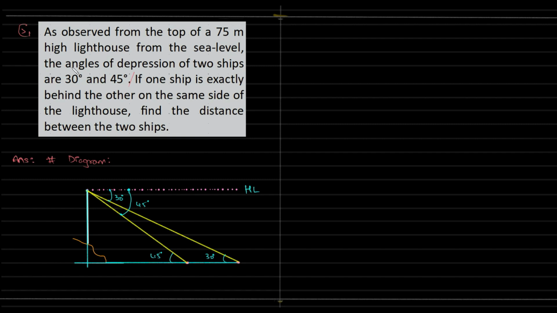Okay. Why did I do that? As observed from the top of the 75-meter high lighthouse from the sea level. So the measurements happen from this. Okay, so measurement happens from sea level to the top.